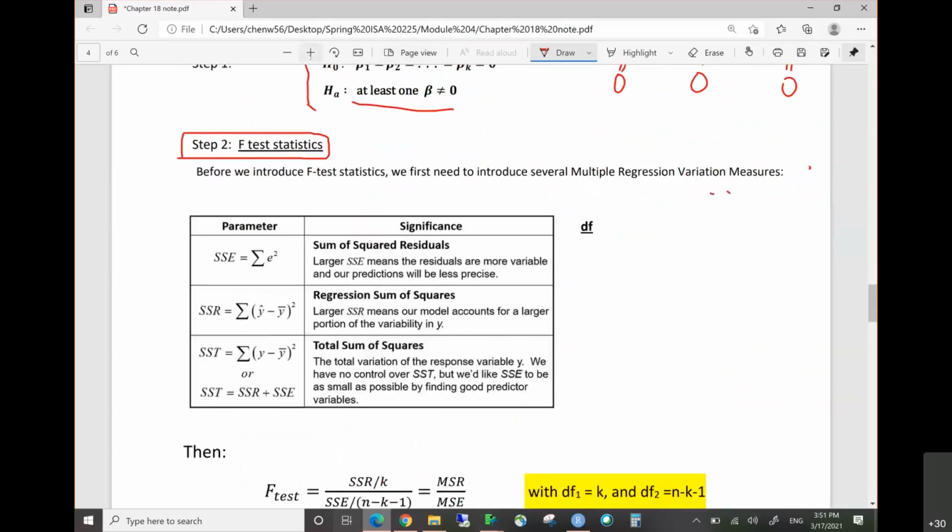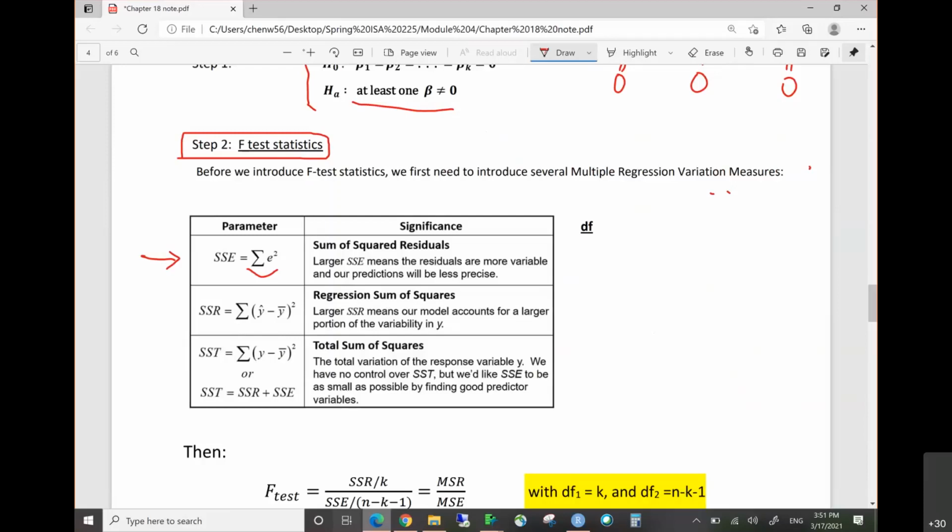So we need to introduce several notations. The first one is the SSE. What is SSE? SSE has the formula which is the sum of e squared. What is e? e is the notation for the residual.